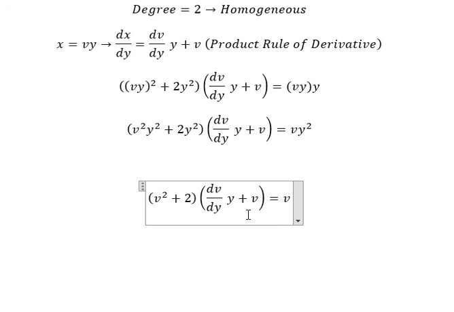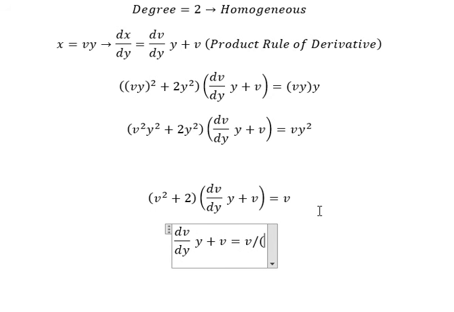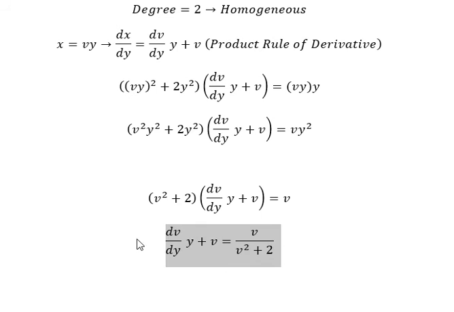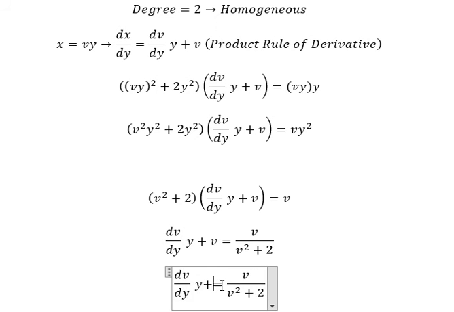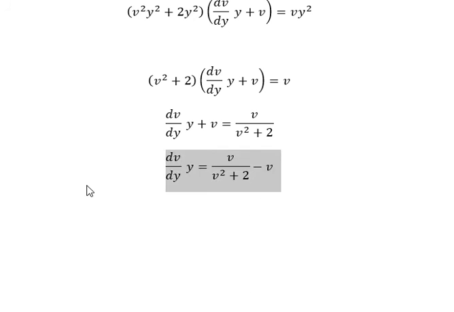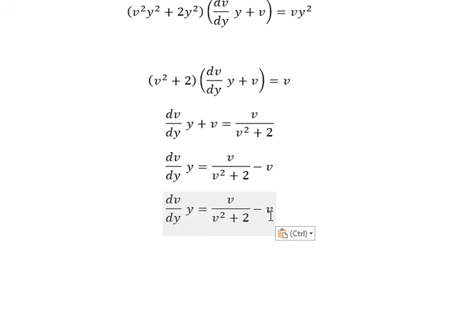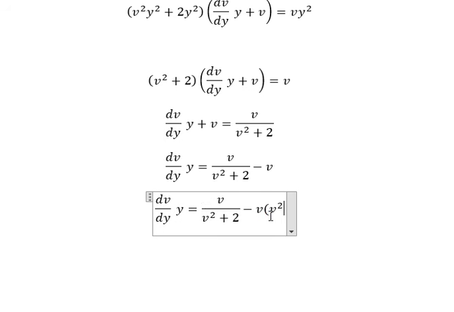Next, we divide both sides by v squared plus 2. Next, I will put v to the right, and you get negative v. Now we do common denominator.